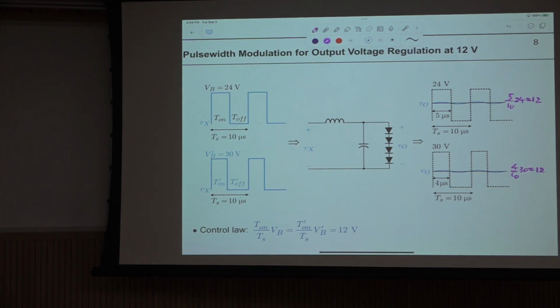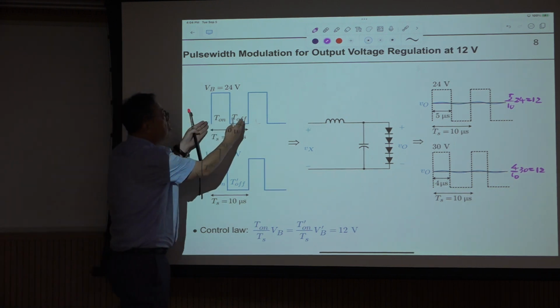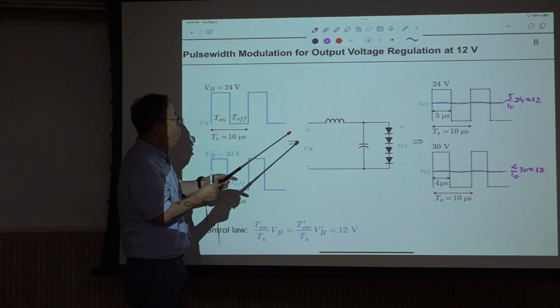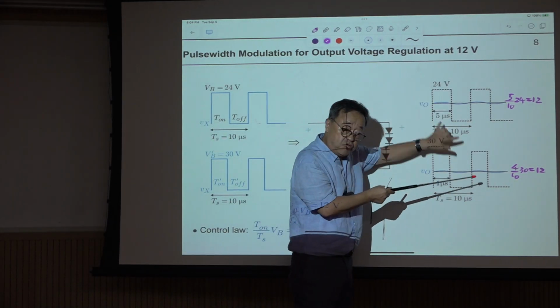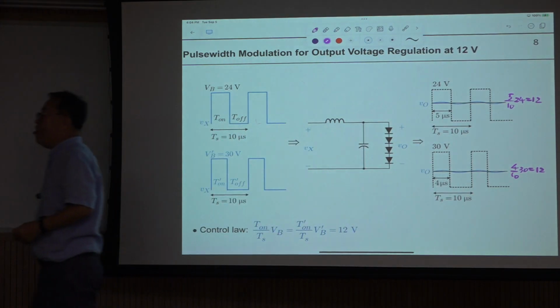So this is called pulse width modulation. Modulation means what? Something is changing. You are changing the width of this pulse to have the average value of this voltage be identical for two different cases. That is called PWM.